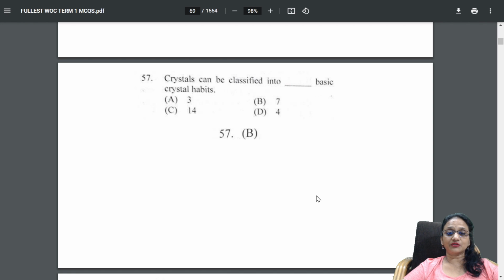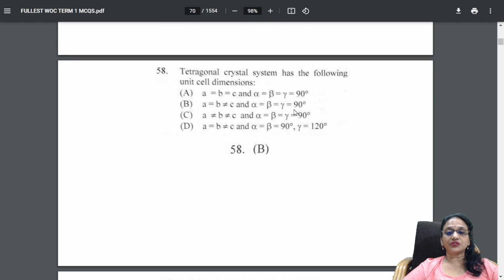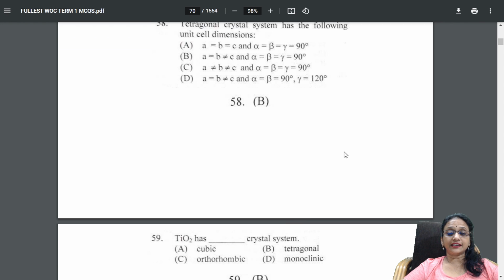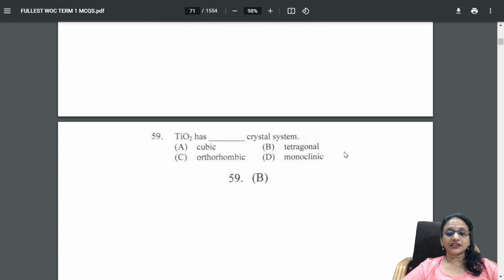It's 14 crystal systems, 7 with different combinations made into 14. So they're asking crystal systems can be classified into basic types of 7. Gradually we are going to the Bravais lattices questions like this. The options would be given.